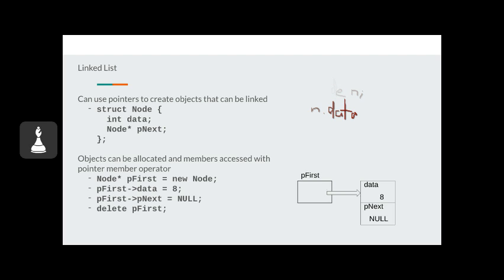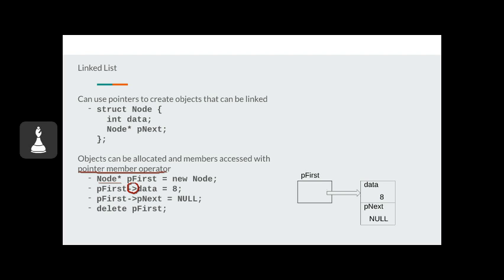And you can't say pFirst.data, that's not legal syntax. What you can do is access the data member or the pNext member of the node through a node pointer by using the pointer member operator. That operator is a hyphen followed by a greater than sign, so it looks like an arrow.